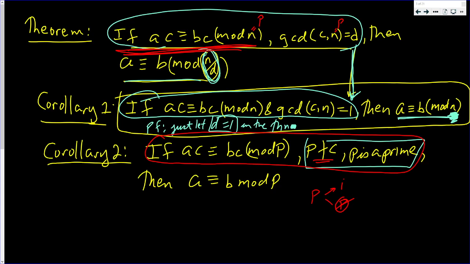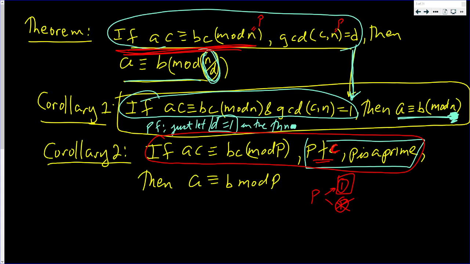Every number has 1 as a factor, so one is a common divisor for any two numbers. So the only divisor of P other than P itself is 1.